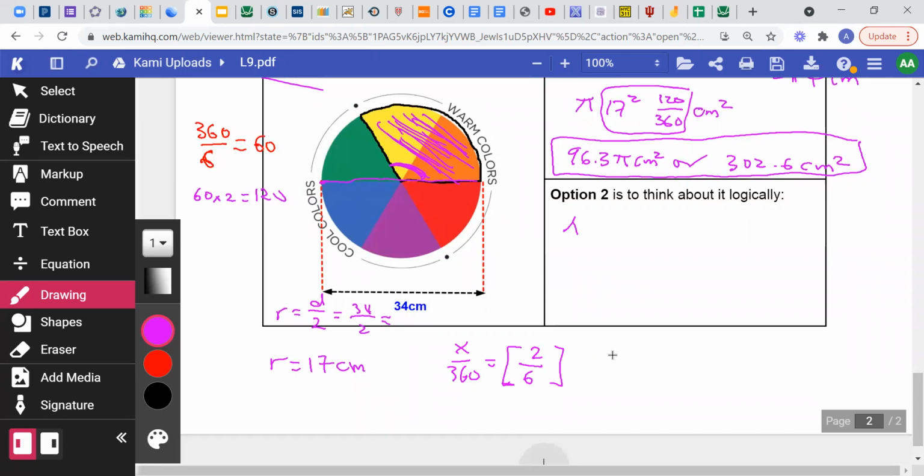So we're gonna say pi times r squared times 2 out of 6. That will be pi, r is 17, you square it, and then 2 over 6. Put this in your decimals to find whatever you have.